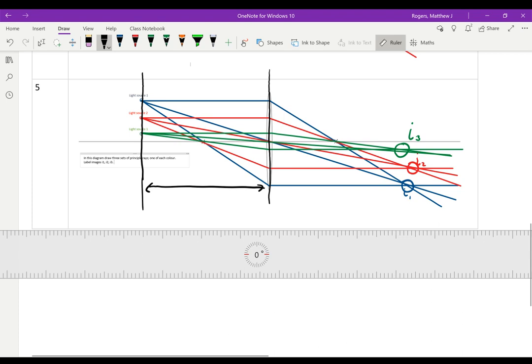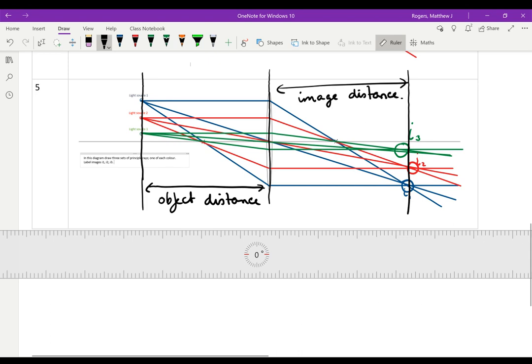So we say the three objects are at the same distance from the lens. And what we notice, well, it doesn't come out perfectly, but approximately the three images are also at the same distance from the lens. This is called the object distance. And this is called the image distance.